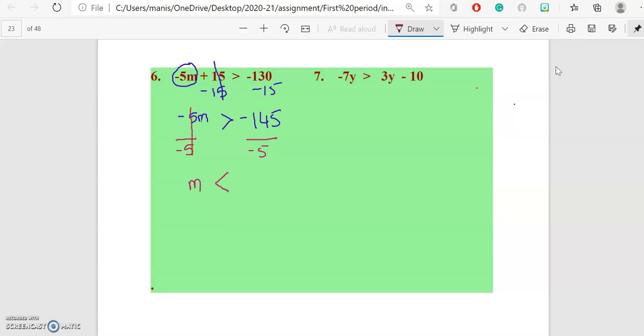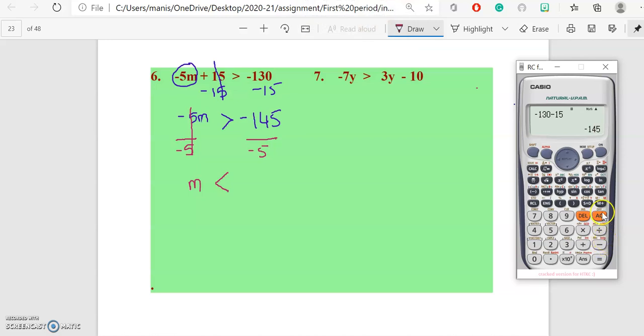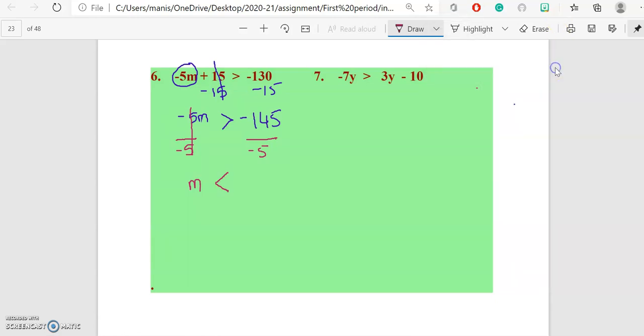And negative 145 divided by negative 5, again, use your calculator. If you are not using it, then this means your concepts are really good. If in case you are struggling with addition and subtraction, use a calculator. See, it gave me the answer positive 29. So when I read this, it says m is less than 29.